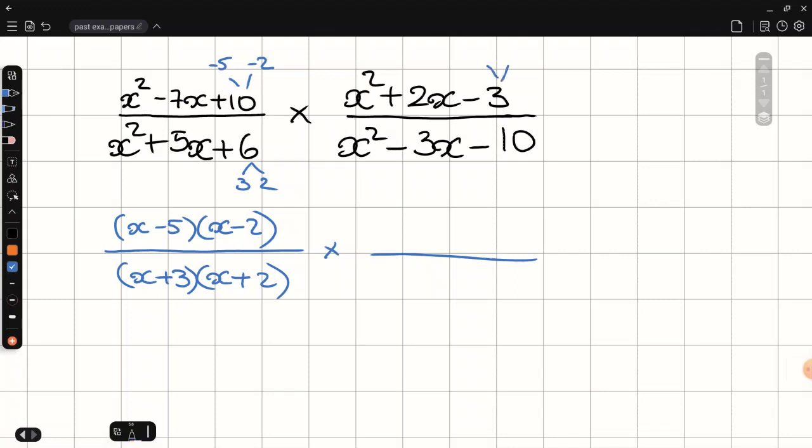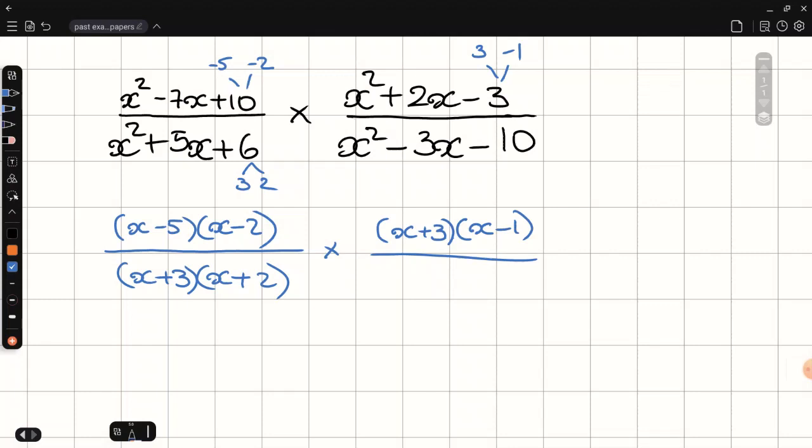We're looking for the factors of -3 that when we add these numbers should give us +2. So that's going to be 3 and -1. So we can write x plus 3, x minus 1.